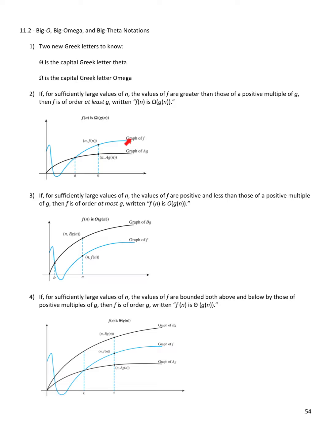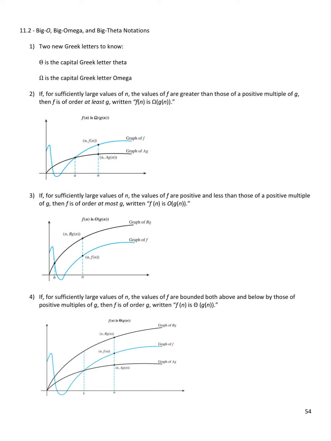Okay, so if f is larger than a positive multiple of g, so over here the blue is above the black, it has to just happen at some point. It doesn't have to always be true. You can ignore some stuff at the beginning. But then after some point, it has to always be true. Okay? So f is larger than a multiple of g. So we say f is of order at least g, or f is omega of g.